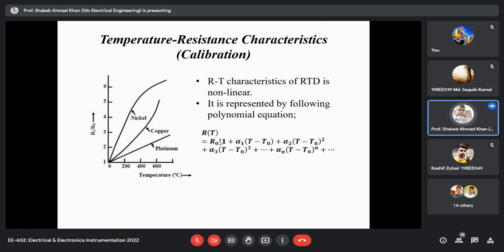It depends upon what kind of material you are using to make the sensor. Like if we are using materials like nickel, copper, platinum to make an RTD, how this material behaves with the temperature, how its resistance changes with the temperature, is all that. A human being cannot modify the behavior of the material.